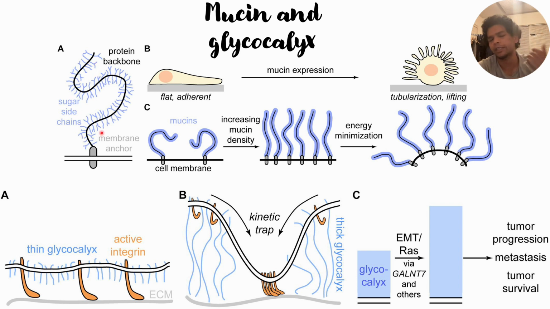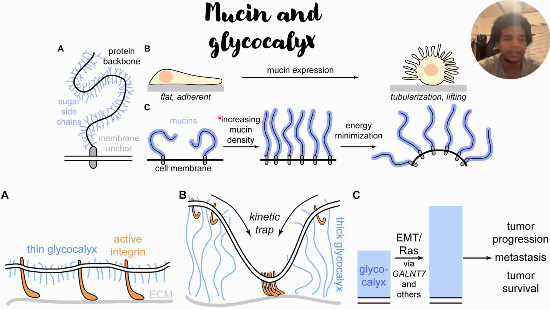Another name for the sugar side chain is carbohydrates, or glycans. These glycosylated glycans are present on the protein backbone of the mucin, and it is bound to the cell surface membrane with the help of a membrane anchor.